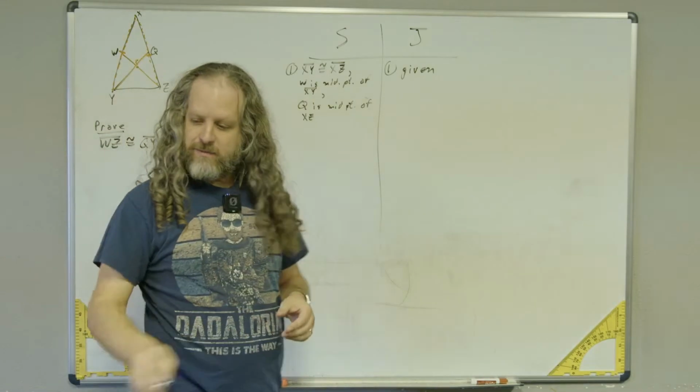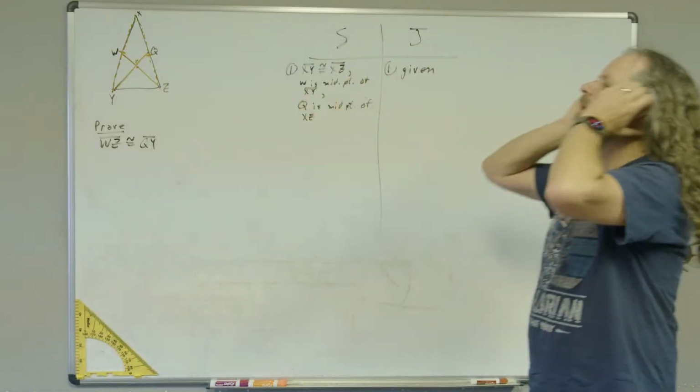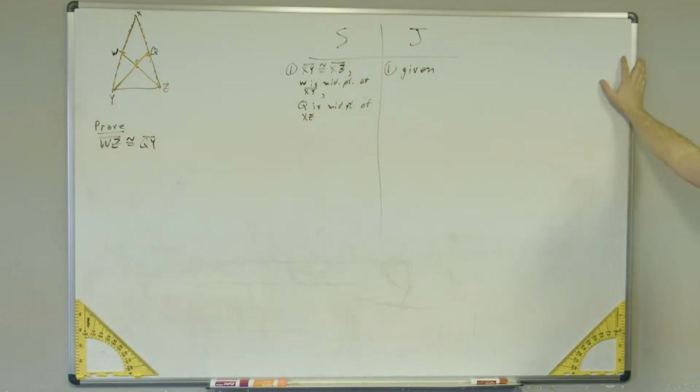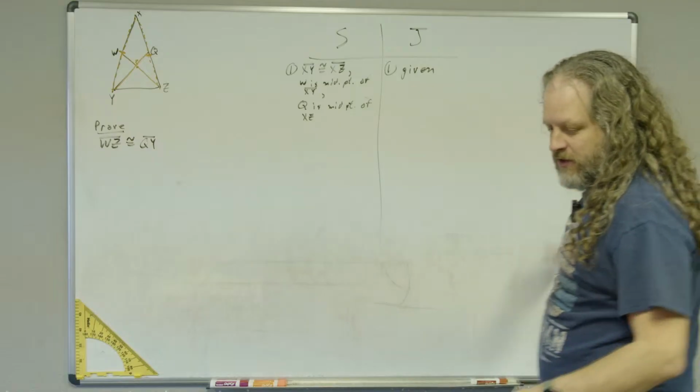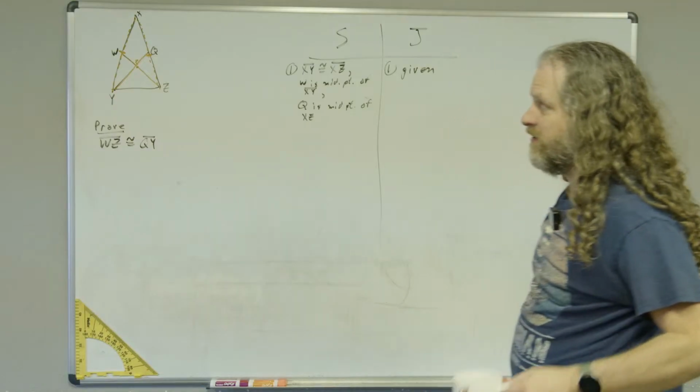So if we can get some triangles that are congruent, we could get to CPCTC, or if we got some isosceles something, there's all kinds of different ways we could look at it. There are 2 parts of the given that we haven't used yet, so how could we use the given? Yes, the midpoint.